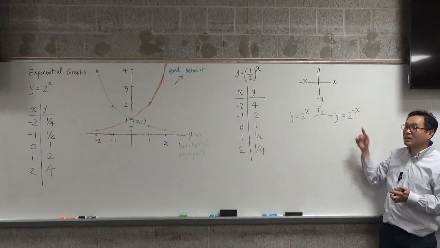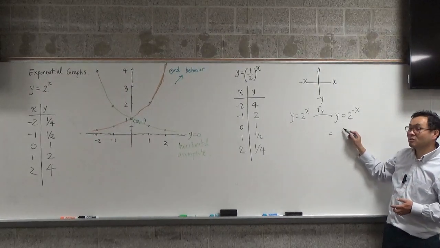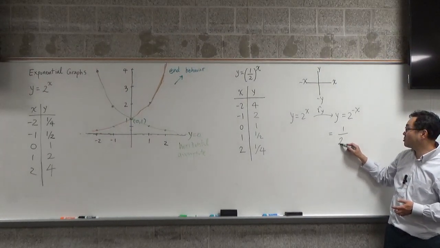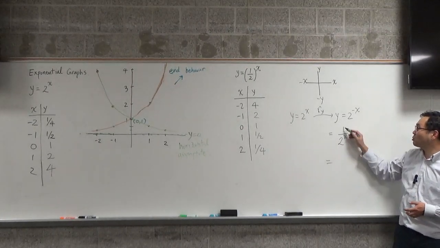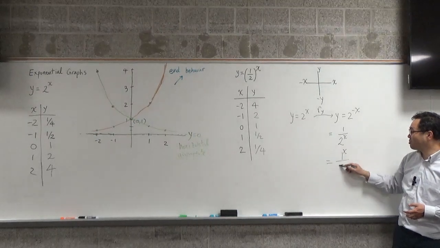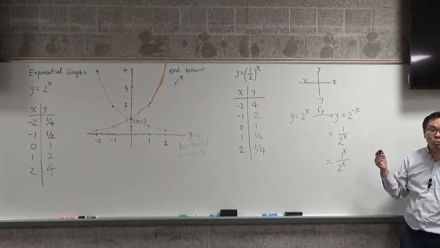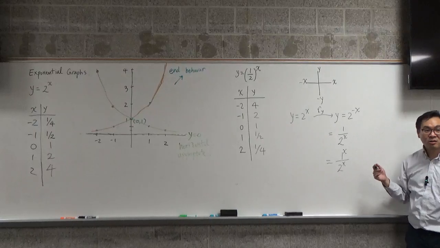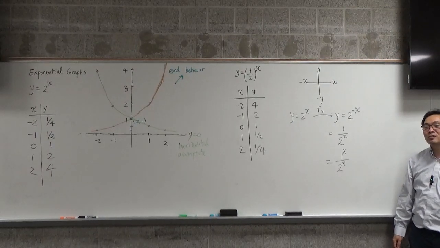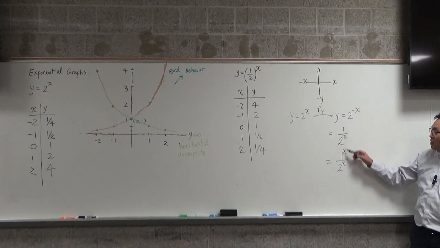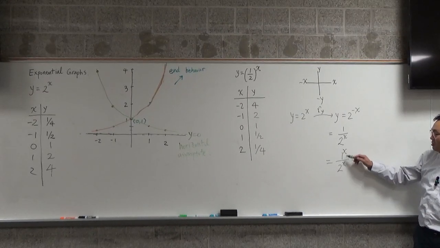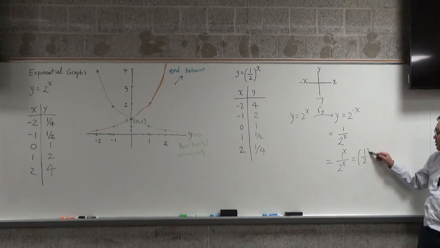But wait, negative exponent, what does that mean? That means it's 1 over 2 to the x, right? And you can even rewrite 1 as 1 to the x over 2 to the x, because 1 to any power is 1. You know that, right? What's 1 to the 100th power? 1. 1 to any power is 1, right? So you can rewrite 1 as 1 to the x and then say, oh, this is same as 1/2 to the x power.